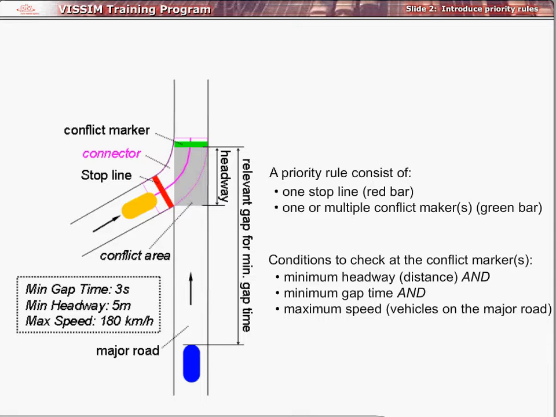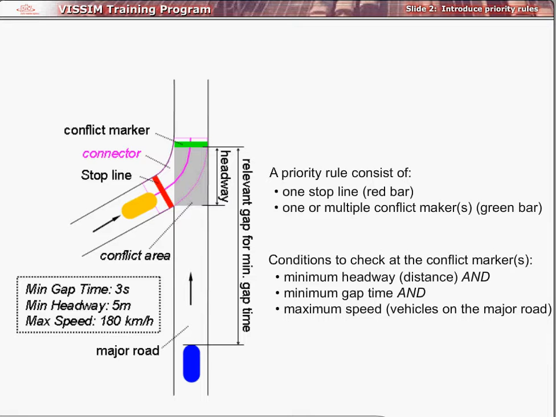If the current headway is less than the minimum headway, the corresponding stop line stops any approaching vehicle. The current gap time, which is calculated every time step, is the time an approaching vehicle requires to reach the green bar if it continues to travel at its current speed. If the current gap time is less than the minimum gap time, the corresponding stop line stops any approaching vehicle.